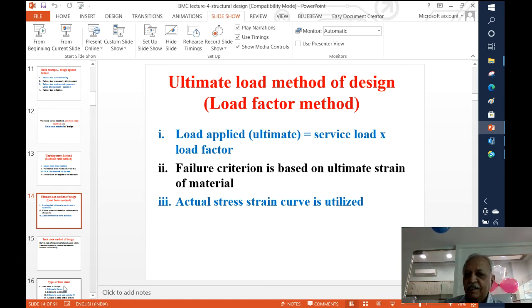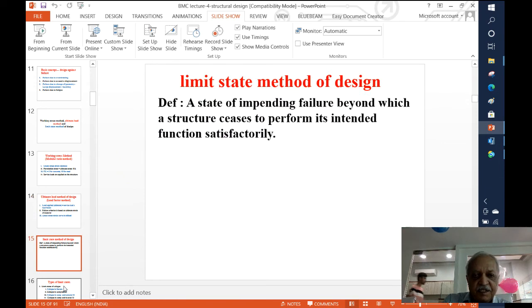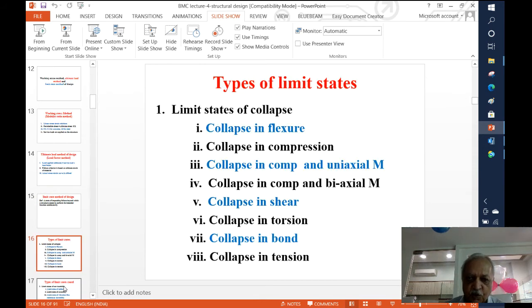So we again say that there was only one failure criteria in both the theories, that you have failure related to stress. But in limit state method we say that there are various failure criteria. A structure can fail in a number of ways depending upon the functional requirement for that particular structure and so on. So we say that for a structure it can fail.